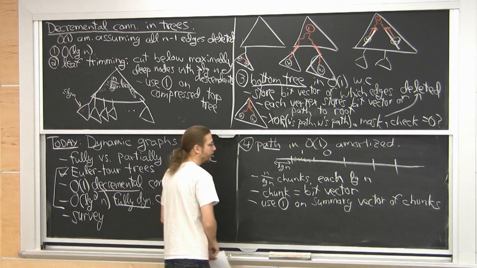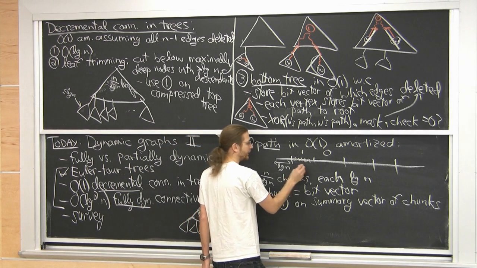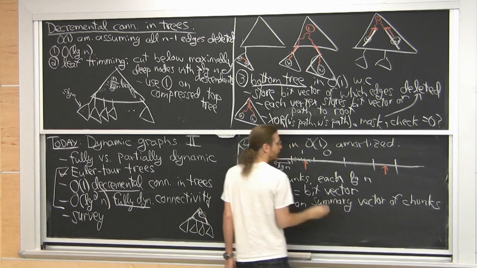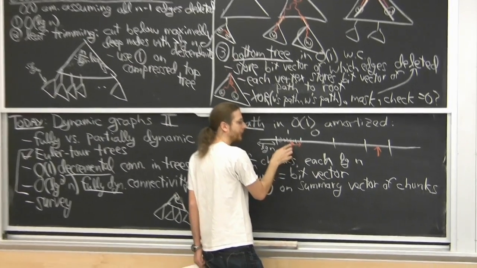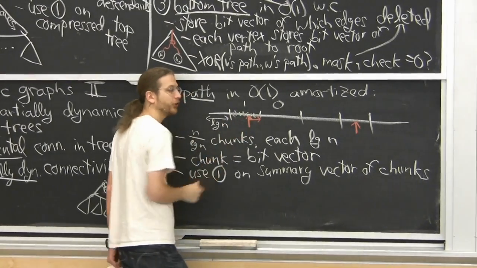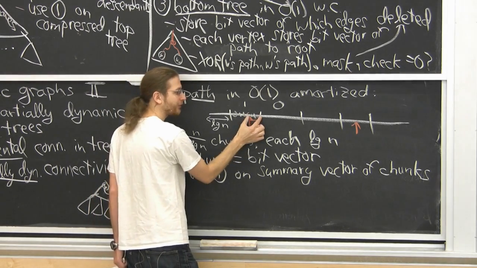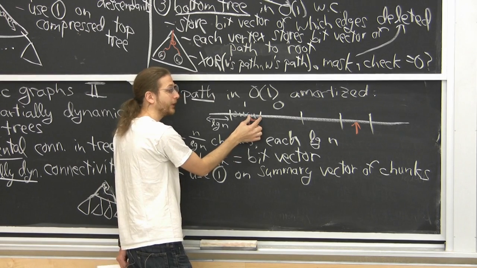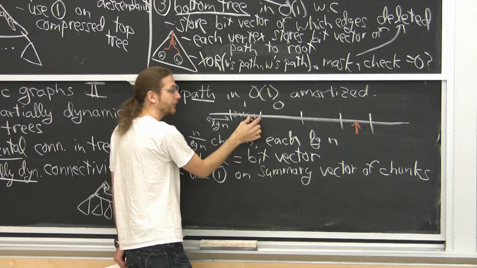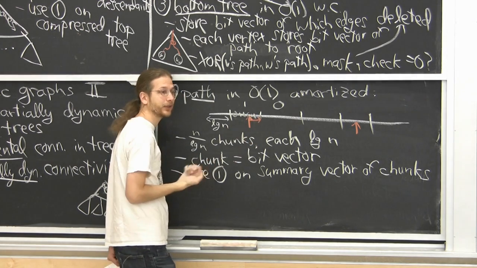If I have a query, let's say I want to know between here and here, I first check, can I get to the right endpoint locally, which is a query within the chunk, which is, again, I just mask out these bits. I say, do I have the 0 vector, in which case nothing I care about has been deleted and I can get there. Or if I don't have the 0 vector, I can't get there.